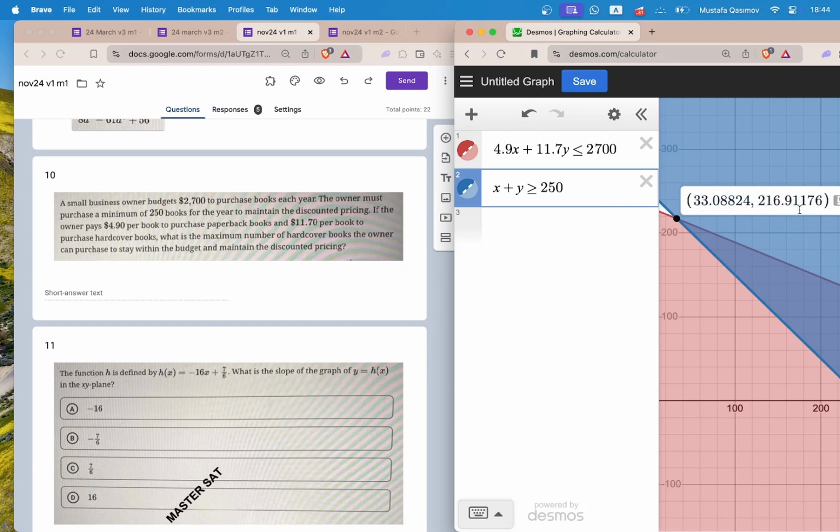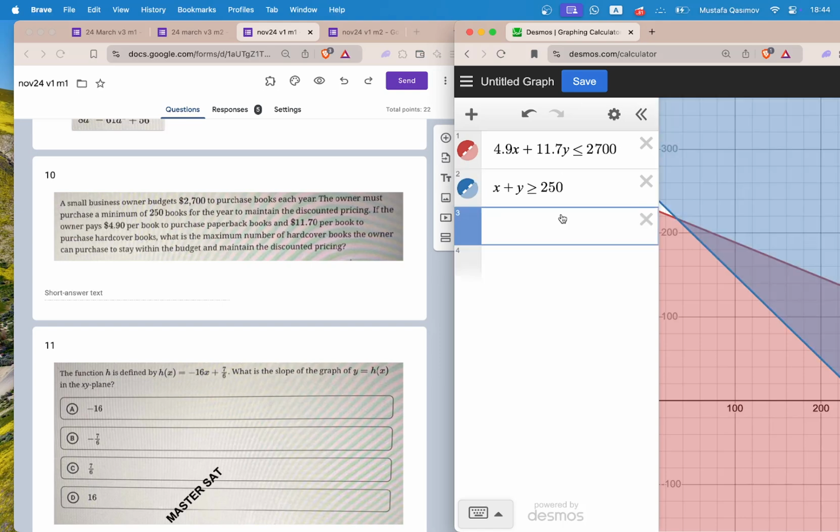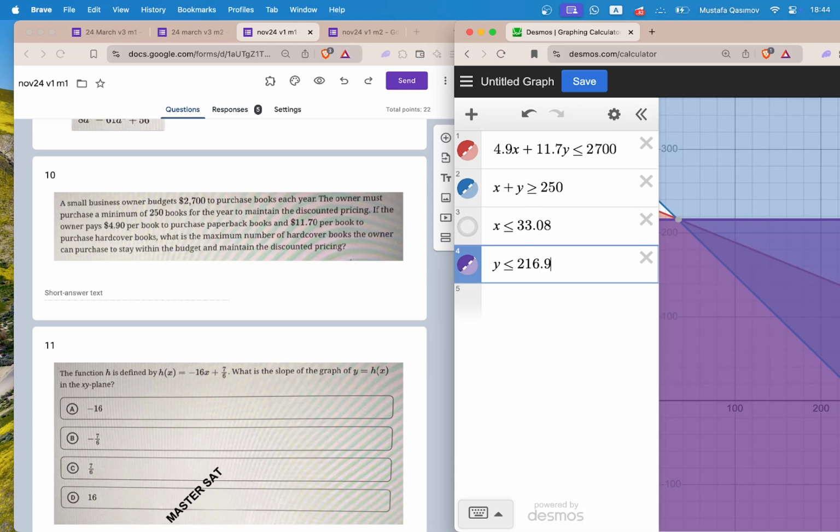Here it means x is less than or equal to 33.08, and y is less than or equal to 216.9, something like that.